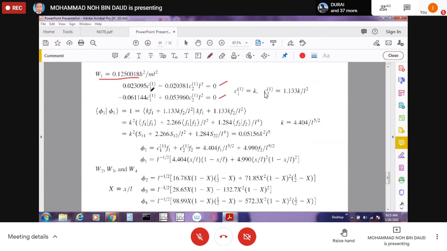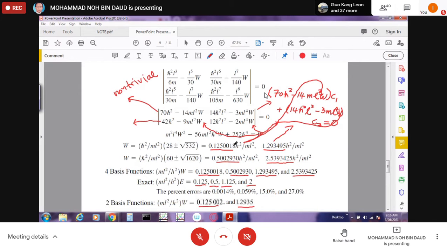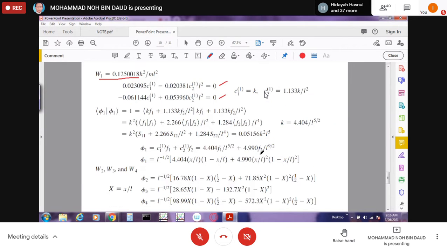We denote this C as C11, C12, because we have 4 roots of energies. So we have 4 sets of C, for 1 and for 2.